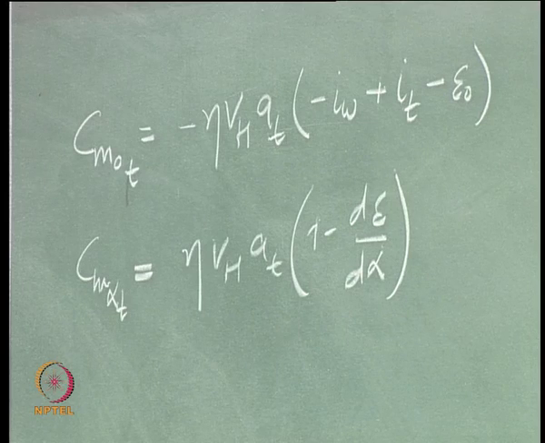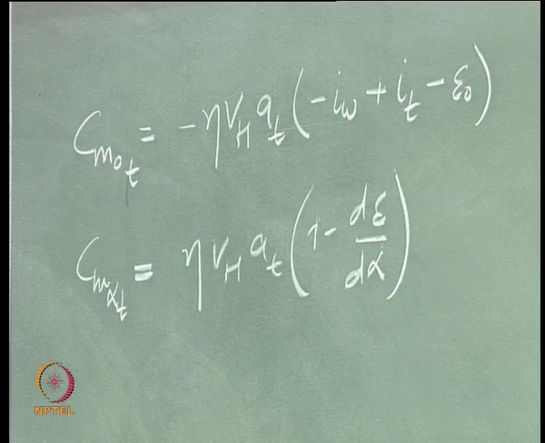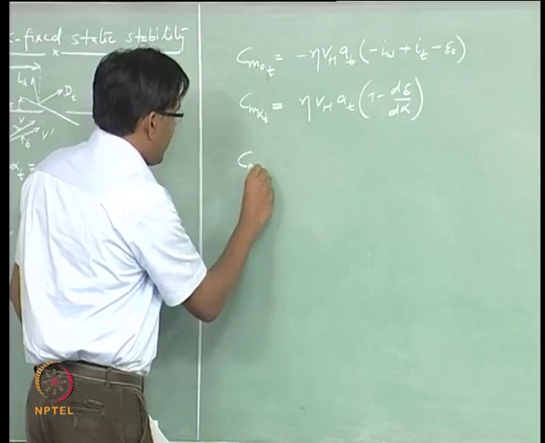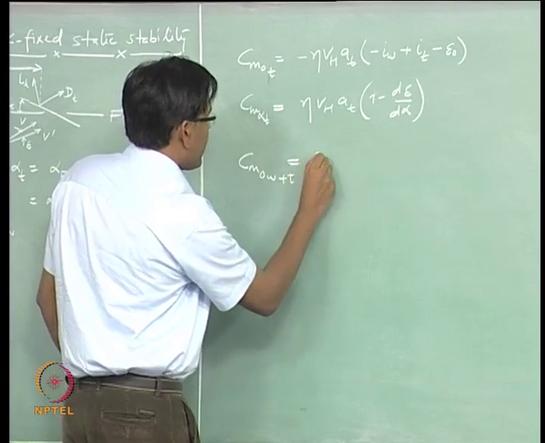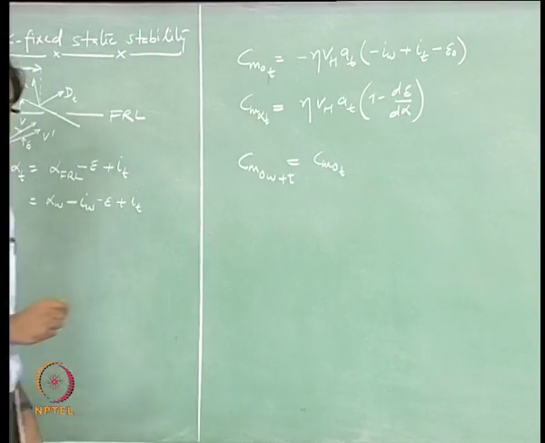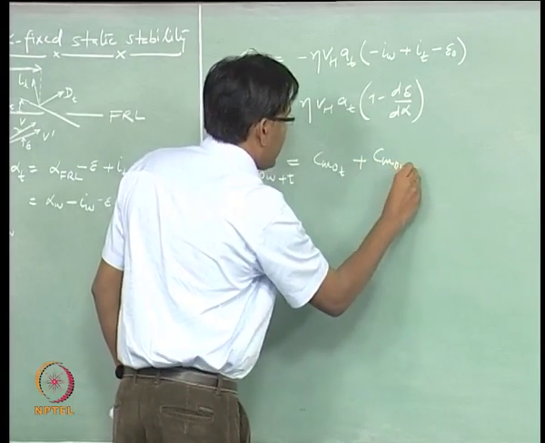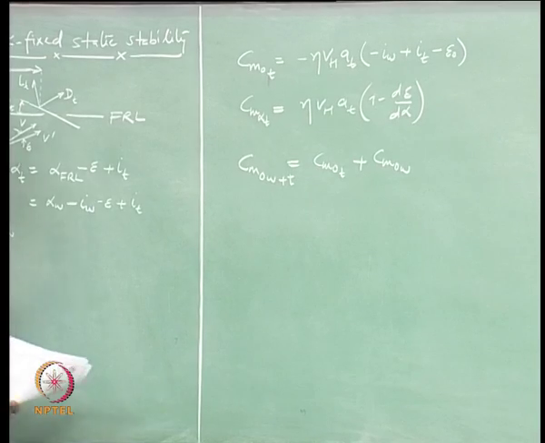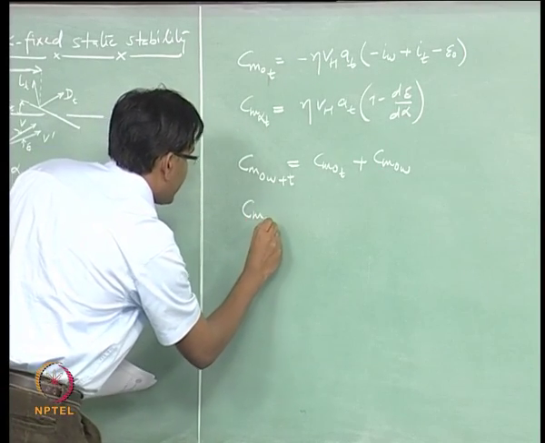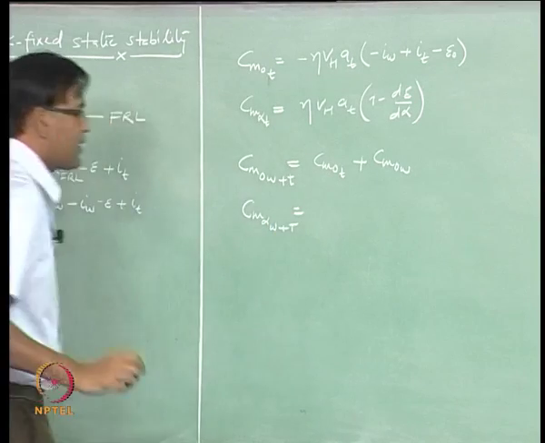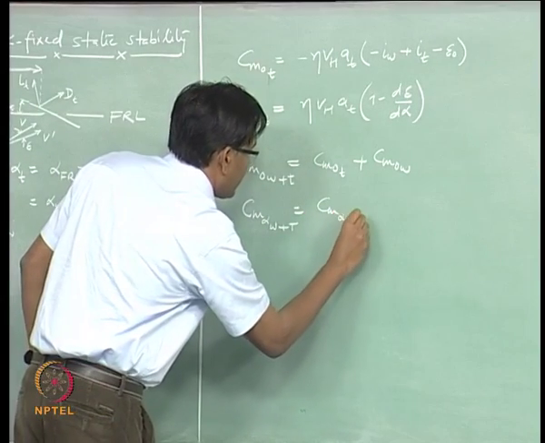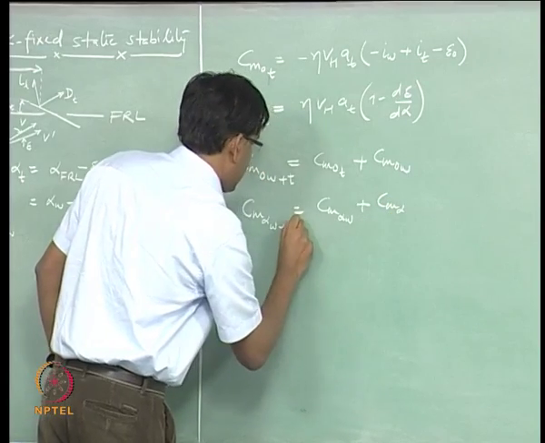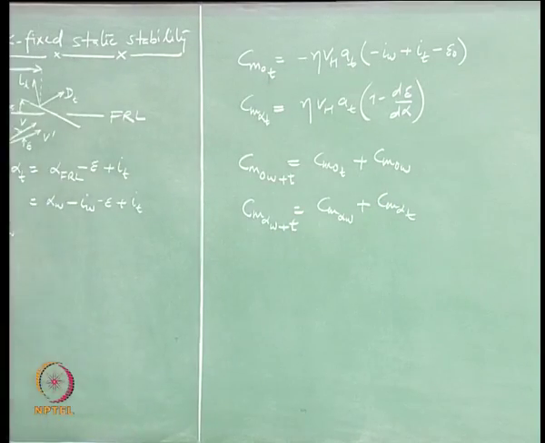So, now the total Cm naught of the wing tail combination is going to be the sum of the tail contribution, right, and the wing contribution, right, and Cm alpha, the new Cm alpha of the wing tail combination, is the sum of the wing contribution and the tail contribution, right.